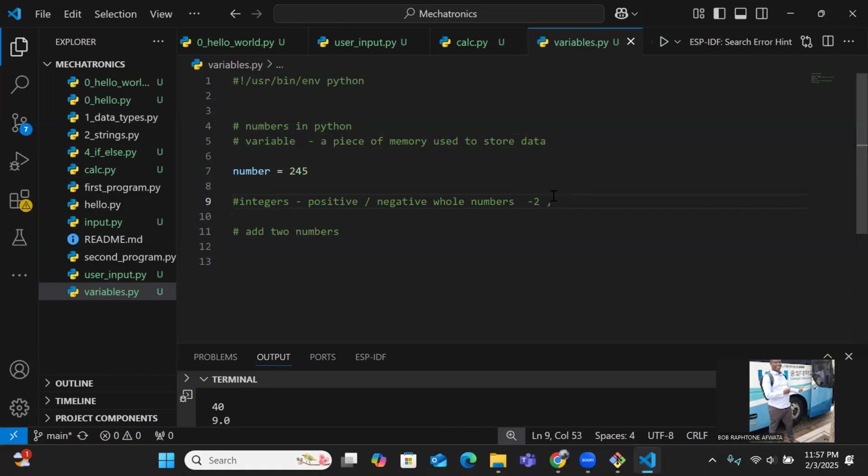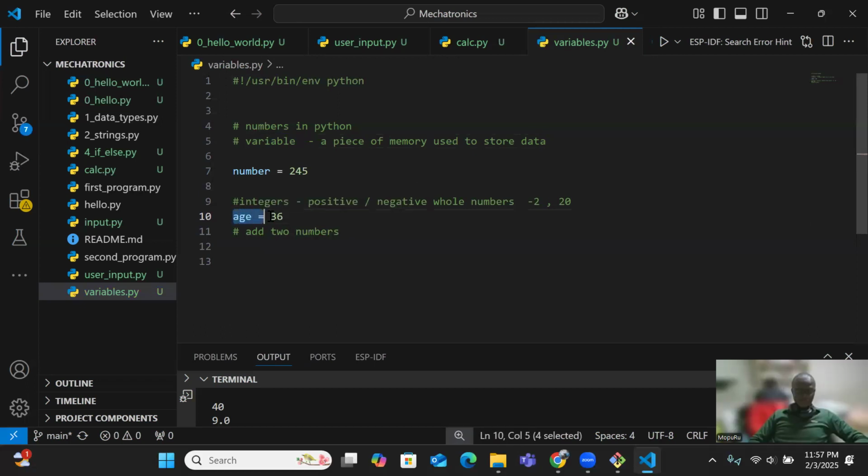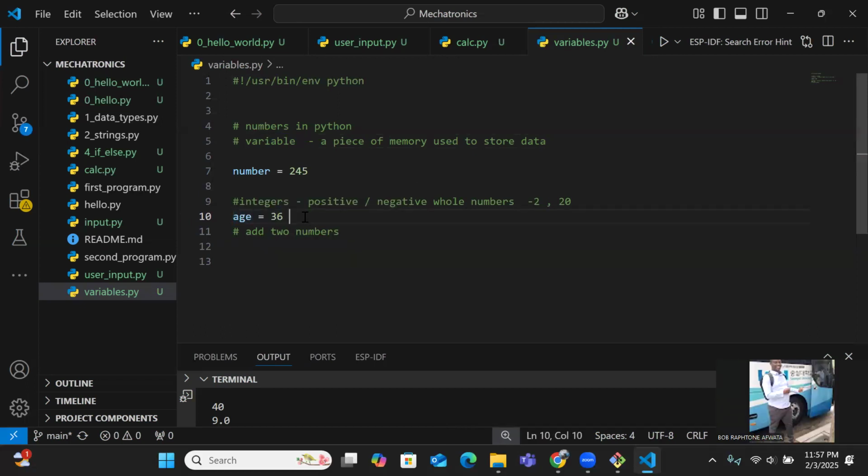You normally don't say +20, you just say 20, which is a positive number. Those are integers. For example, if I say your age is 36, that is an integer. Are we together?